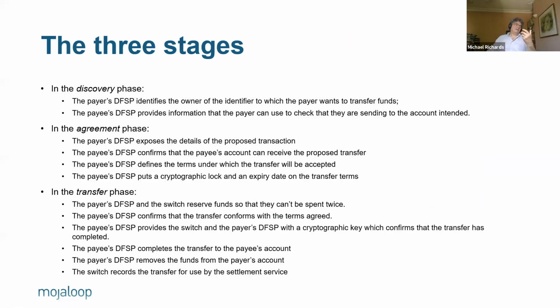So, in the discovery phase, the payer discovers who to send the transfer to. Now, again, Miller said when he was talking about the objectives of the system, one of the objectives was that you shouldn't need to know who owns an account in order to send funds to it.